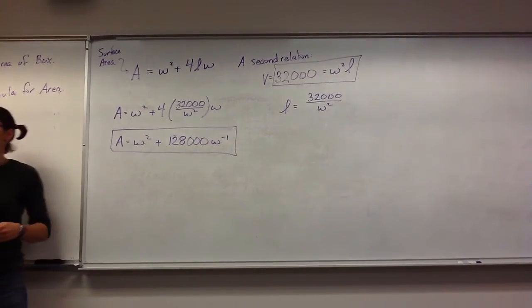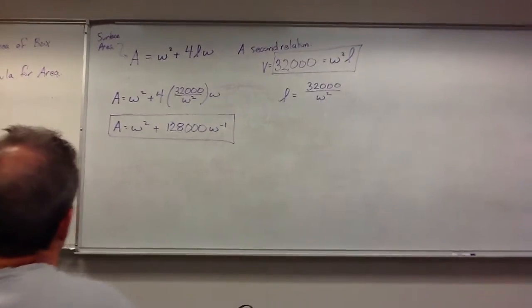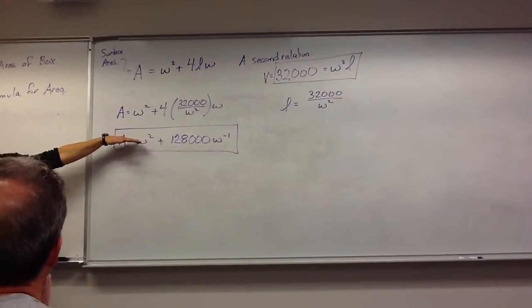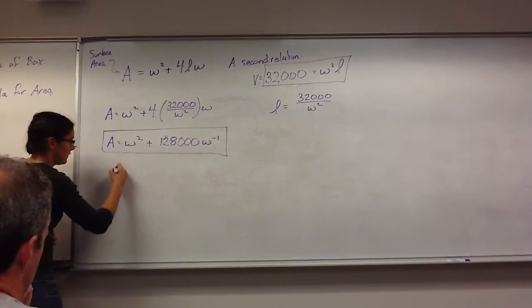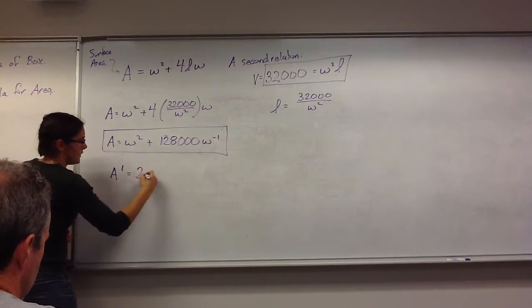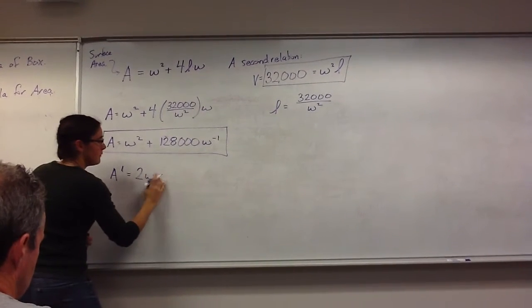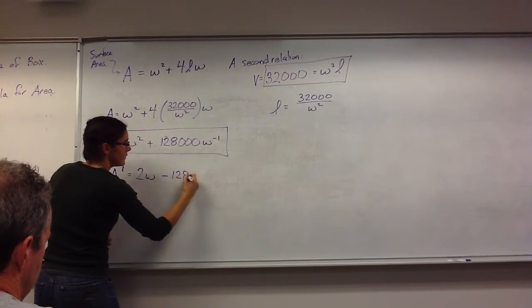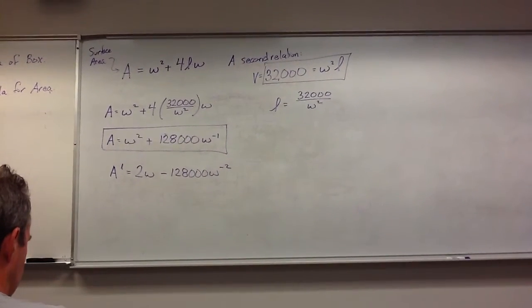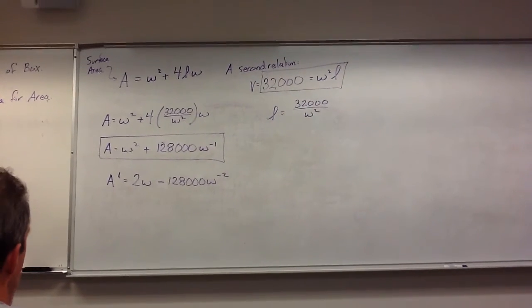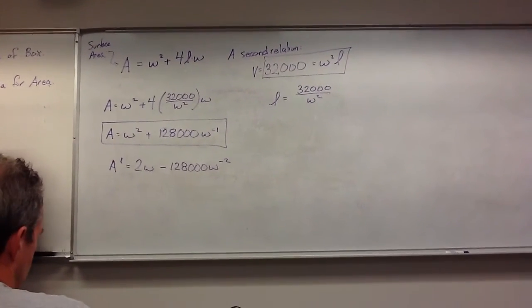Okay, here's where the calculus comes in. We want to figure out where area is the smallest, so we're looking for the bottom of a bowl. So we want to take our derivative: 2W minus 128,000 W to the negative 2, and then we want to set that derivative equal to 0.